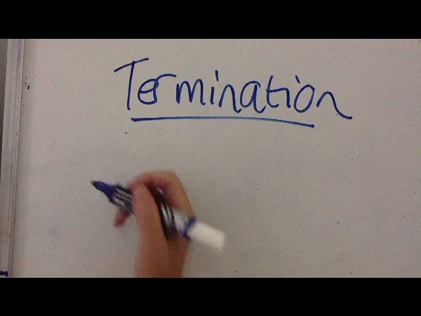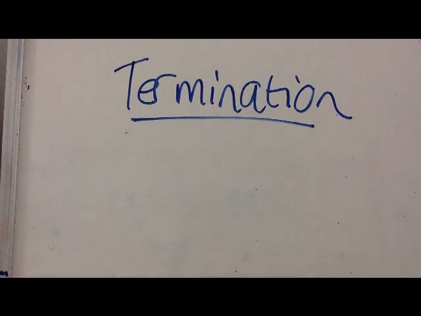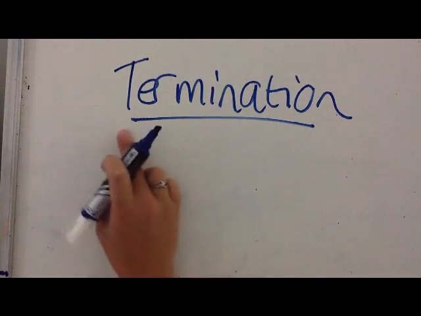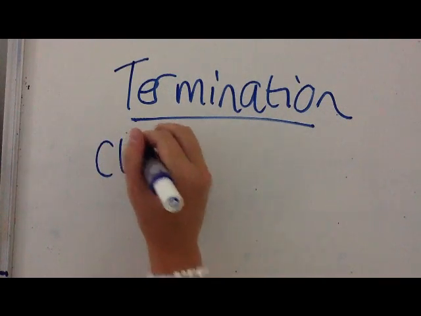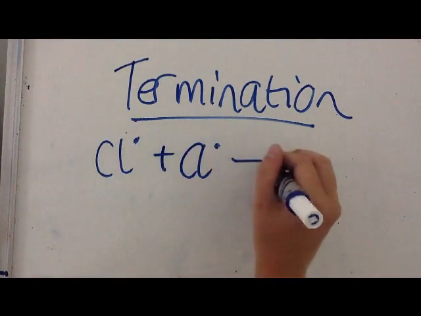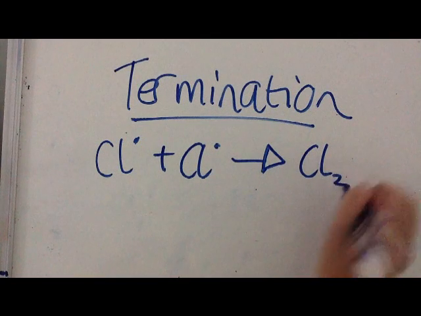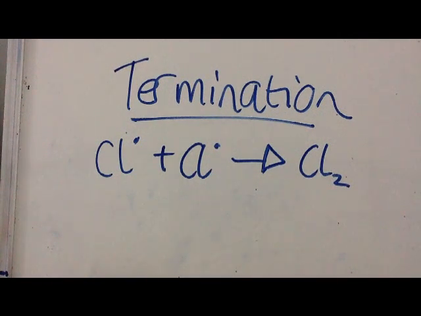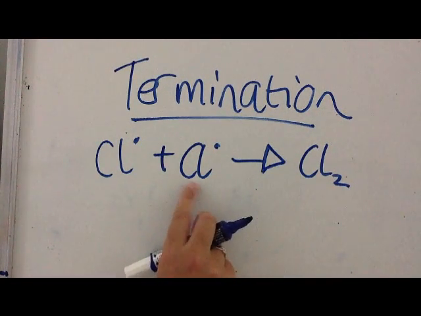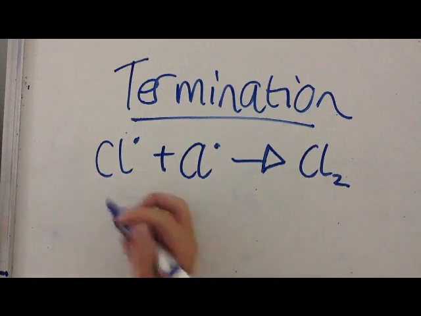There are 3 ways in which you can stop this reaction, and they all involve adding 2 free radicals together. If we look back at the free radicals that we've got involved, that could be one of our termination steps. We've got 2 chlorine free radicals that have been added together to make a chlorine molecule.